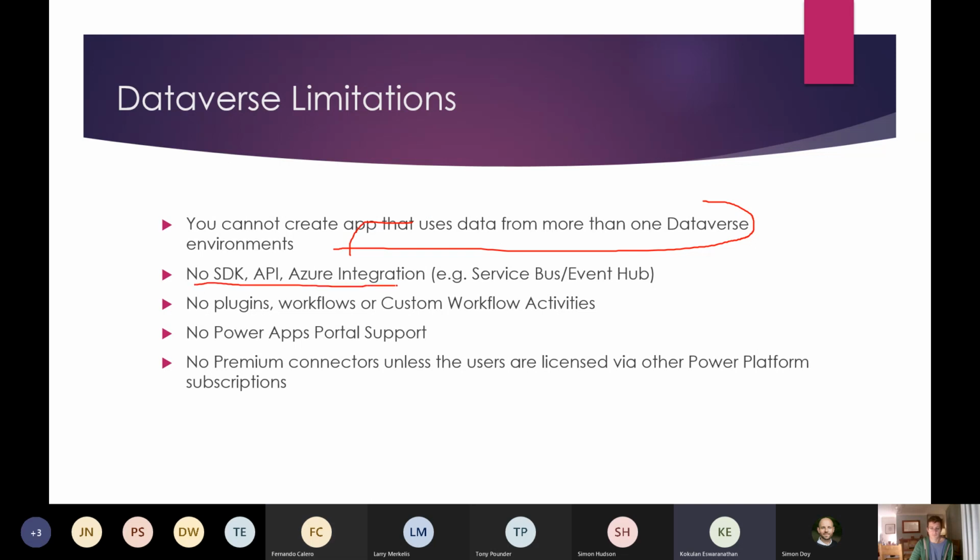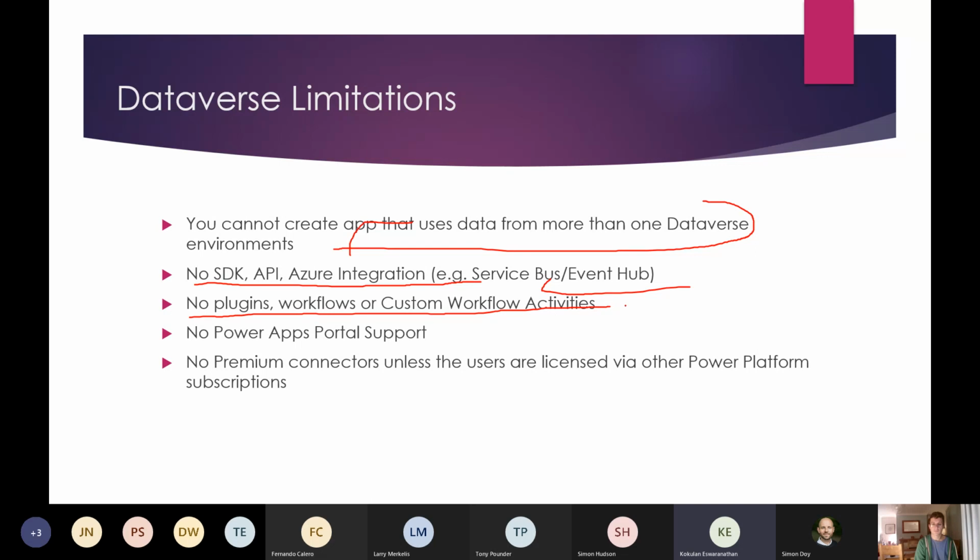And then the other thing is there's no API that you can access to the data, or you cannot integrate with any Azure services. And also there's no SDK that you can download and start developing. You cannot do that. You can do it for full CDS and not for this. And again, with the CDS, you can create plugins, workflow activities, or workflows.